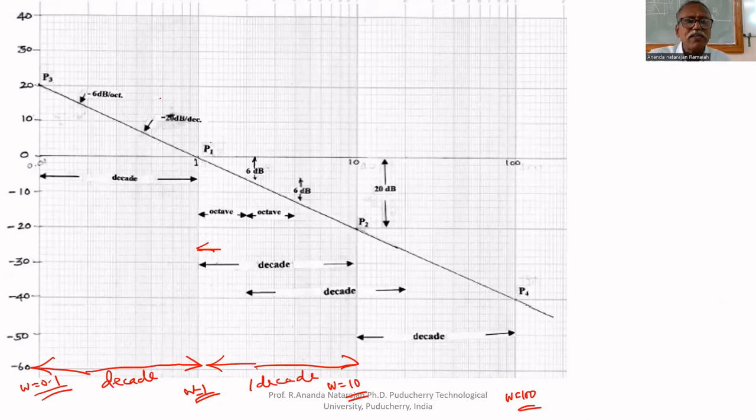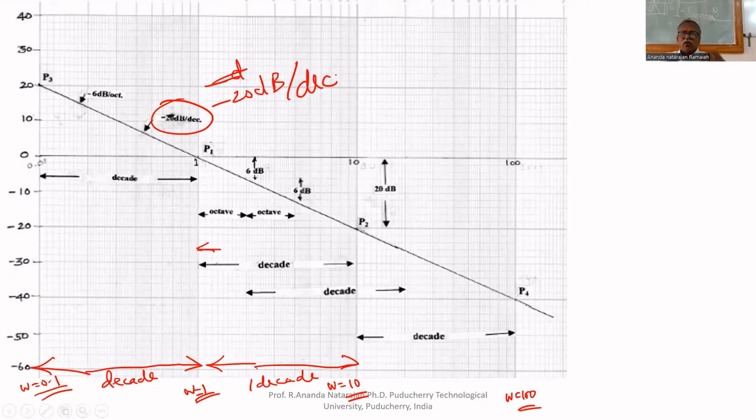Therefore, the slope is mentioned as minus 20 dB per decade. In 1 decade, the magnitude decreases by 20 dB.